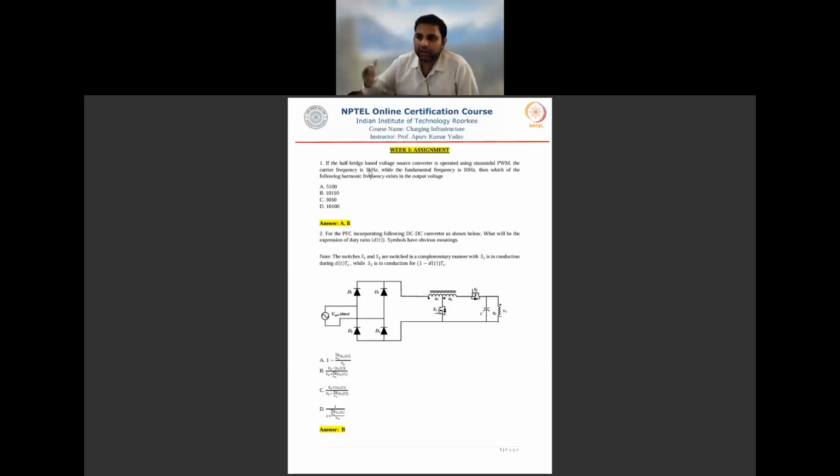The first set of harmonics will be on the side bands of 5 kilohertz, because let's say i mf plus or minus j. If we keep i odd, so it is mf, which comes out to be 5 kilohertz, and mf is nothing but fc by fm.